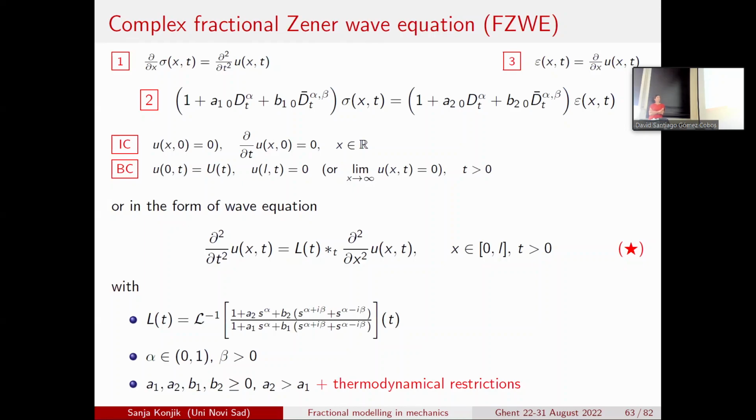And as always, we want to write this system in the form of the wave equation. In this case, it will look like, I can say as before, with the only difference in this convolution operator L. So the form is always the form of the wave equation, and now L is calculated when the Laplace transform is applied to this constitutive equation, and then sigma is expressed in terms of epsilon, and with the inverse Laplace transform, the operator L is the inverse Laplace transform of this quotient here.